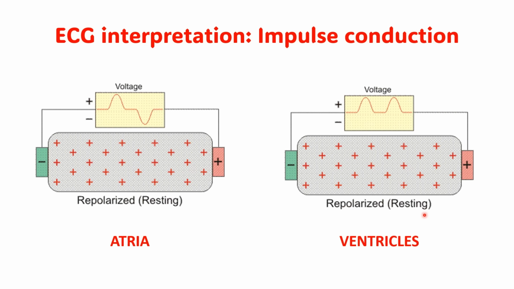Hence this is why during ventricular depolarization we'll have a positive deflection, and also during ventricular repolarization we'll have a positive deflection too. And we know that the positive deflection seen in ventricular repolarization is the T wave. So that's essentially why the T wave's produced and has that positive deflection.